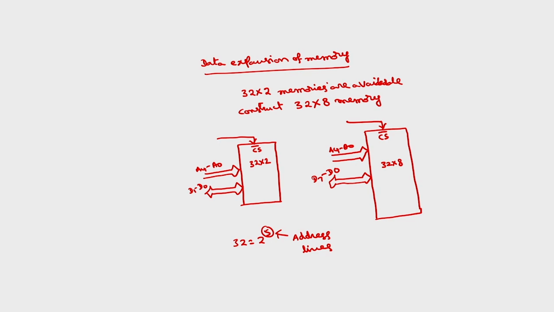Now the number of 32 by 2 memories required to construct 32 by 8, because this 32 is constant, is simply 8 by 2, which is equal to 4. Then how to construct this? For that you take four 32 by 2 memories.